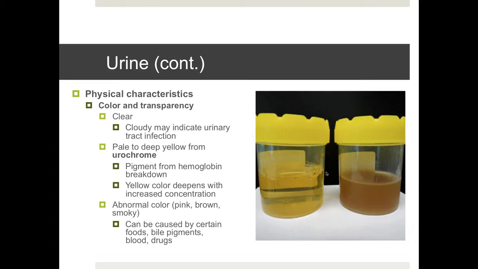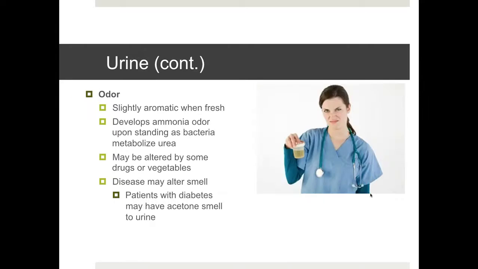Or you can think of if you take a multivitamin, sometimes you get more of that highlighter yellow type of urine. And if you have abnormal color like pink, brown, like in this image here, or smoky, it could be caused by certain foods or bile pigments, blood in your urine, or maybe it's from a drug that you're taking.